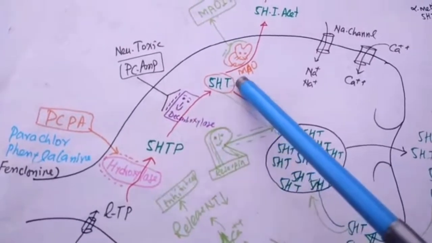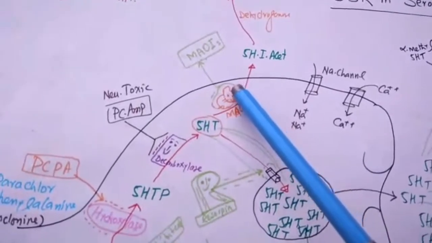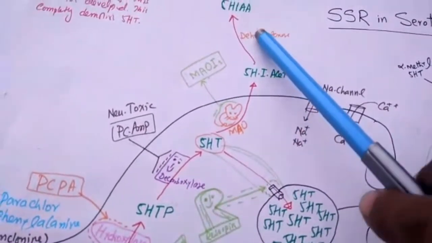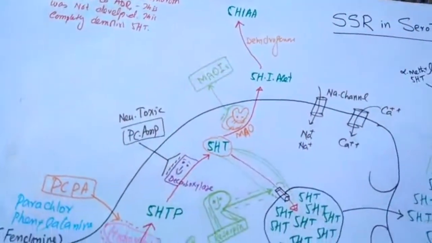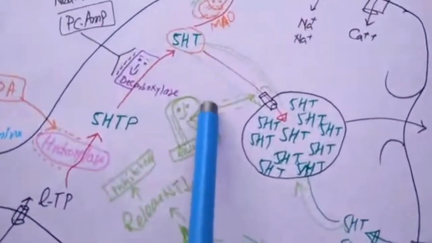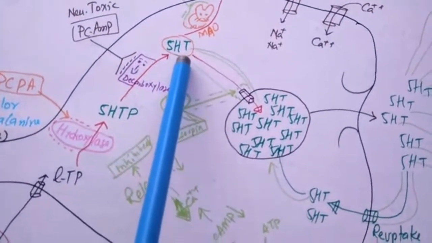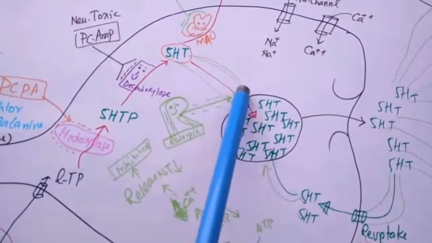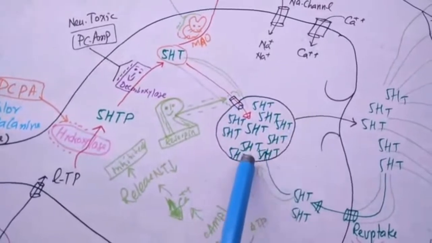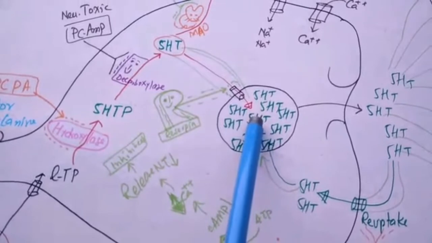But this 5-HT is then metabolized by monoamine oxidase enzyme, dehydrogenase enzyme, and so on. Once the 5-HT is formed in the cytoplasm, it is transported into the monoamine vesicle and stored here.